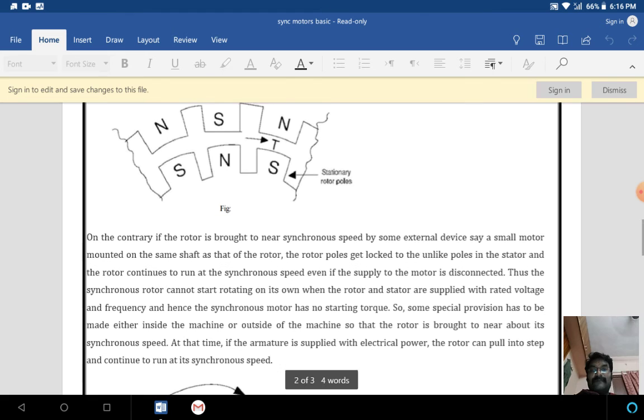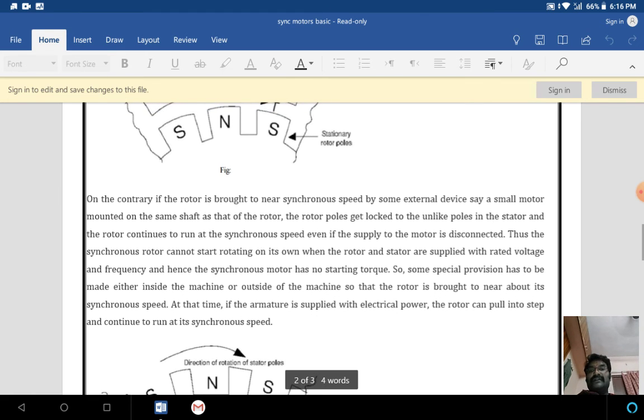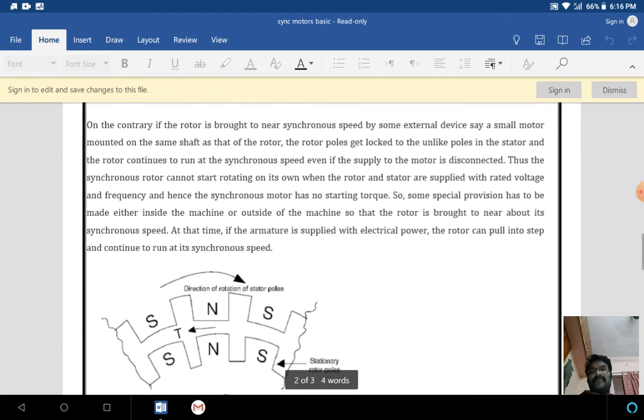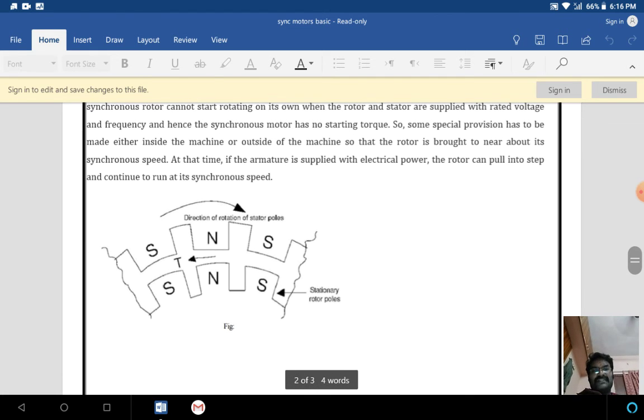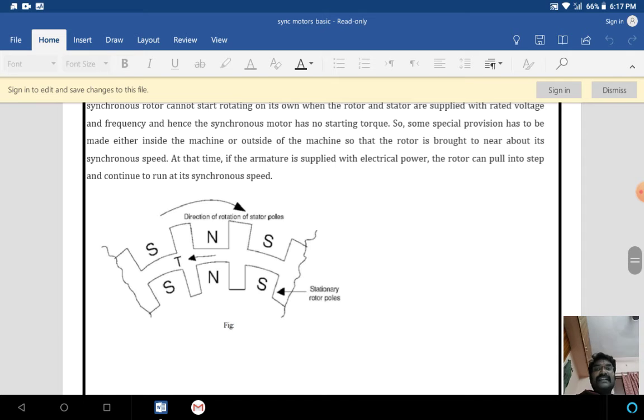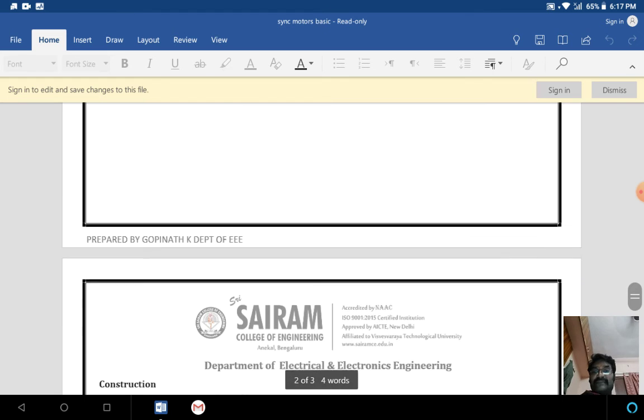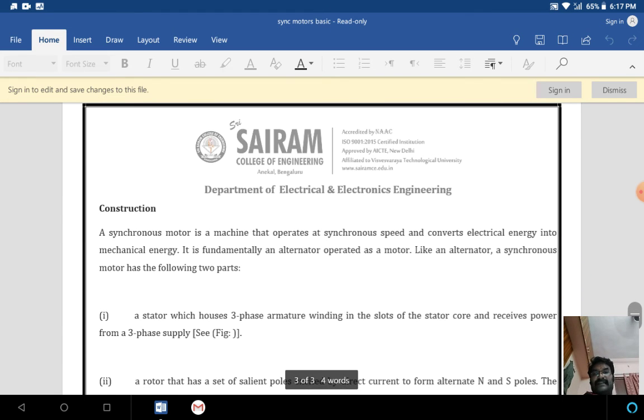To overcome that, we give an external supply using a pony motor, a motor which is used to give initial torque to the synchronous motor. Then this type of motor will start to rotate at synchronous speed.